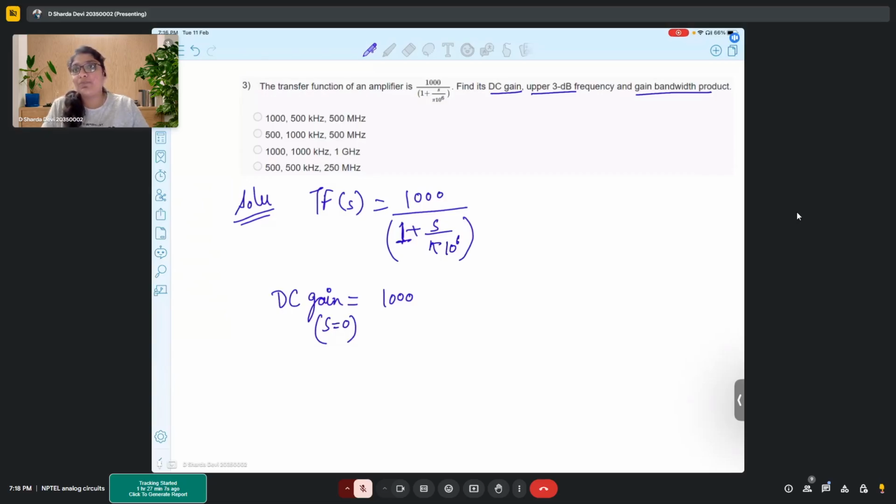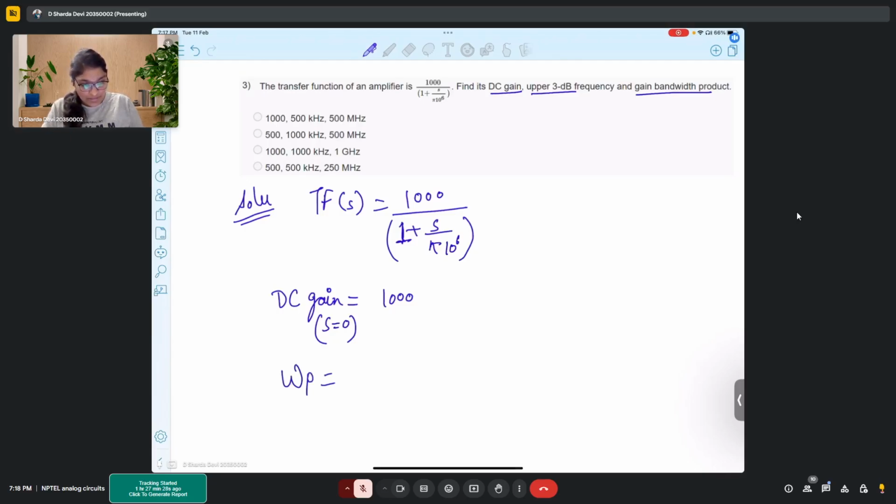It's at either a pole or a 0 frequency, right? So when it is asked, what is the upper 3 dB frequency, you basically have to report the pole frequency only. What it is asking is the pole frequency itself.